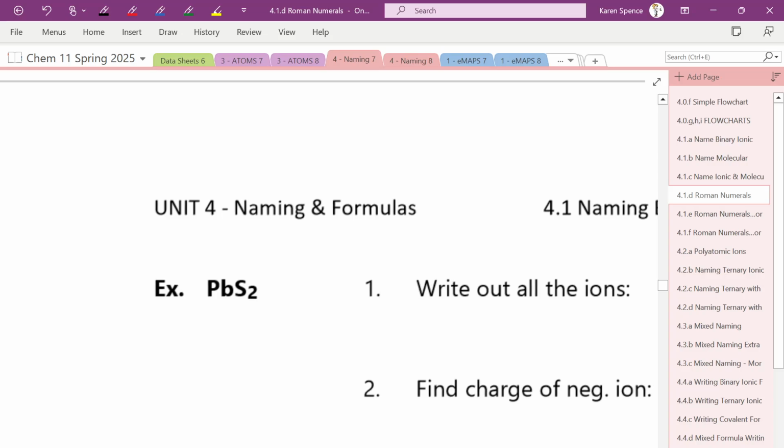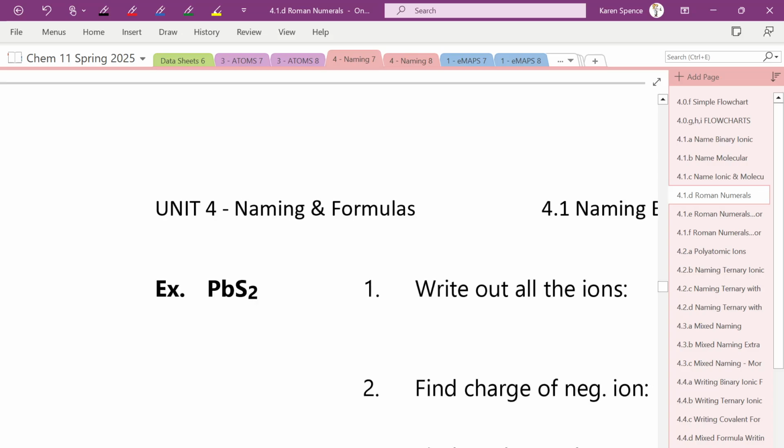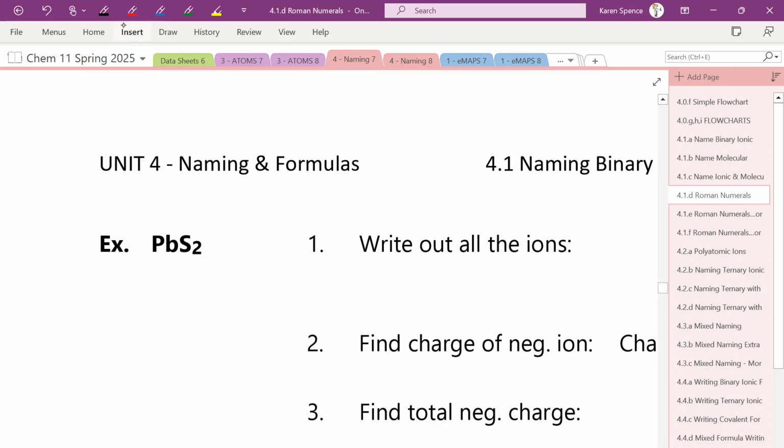I did want to go through this example because I want to show you what happens if you uncrisscross this one, okay? PbS2. Let us uncrisscross. Here comes the 2. It goes up there. That gives me Pb 2+. There's nothing beside the Pb.